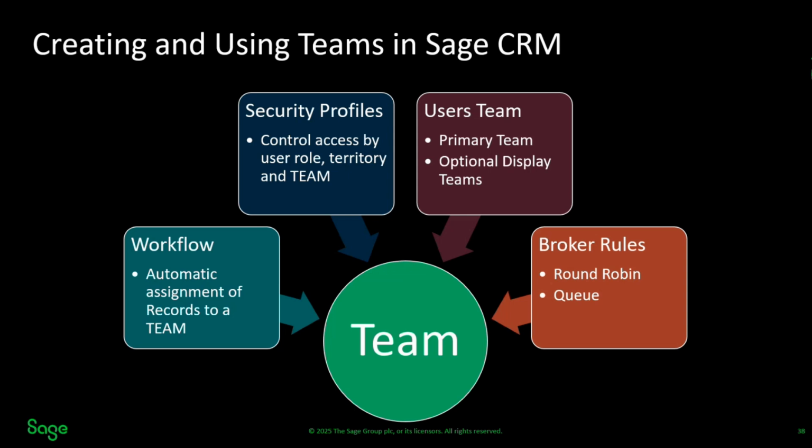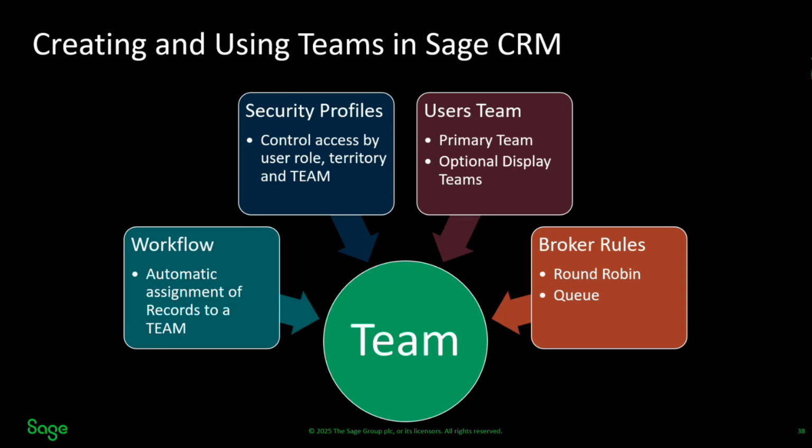And records are only ever assigned to a single team, and it's the membership of the teams that will therefore control who can see and work with data. Now, workflow can make a record move between different teams. Remember, the teams are the groupings of the users who represent the different functions within an organization.